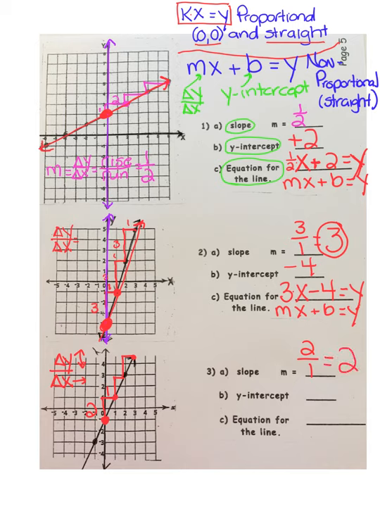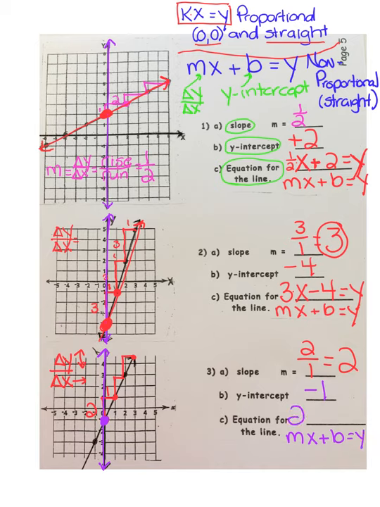Our m is 2. And then our y-intercept, well, let's take a look here at our y-axis. Clearly, it was our start point at -1 on the y-axis. So let's put that all together and write an equation. mx plus b equals y.